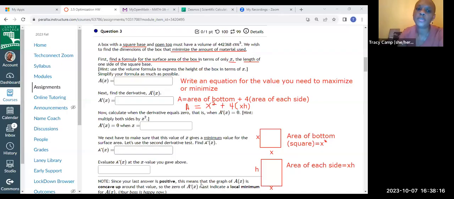So notice that the formula that we have here, X squared plus 4XH, has too many variables in it for us to go through the same process that we did in sections 3.3 or 3.4, whichever process you want to use to find max or min.